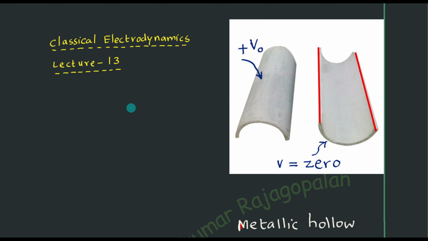Even though it is two-dimensional, the calculation is in polar coordinates, and in addition you need to know how to apply the boundary condition. It is not that simple, and therefore we started in this way in the last class.